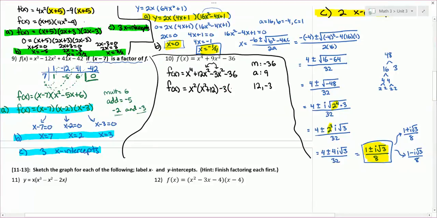And when you factor that out, we end up with x squared plus 12. Continue factoring. We can factor out the x squared plus 12 in both terms. That's the GCF. And we're left with x squared minus 3.